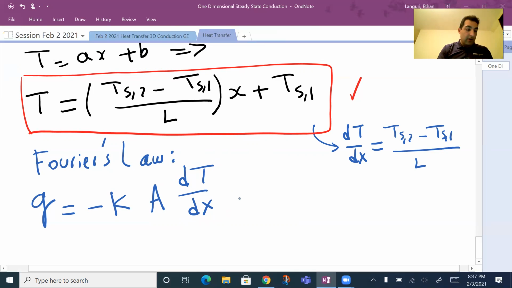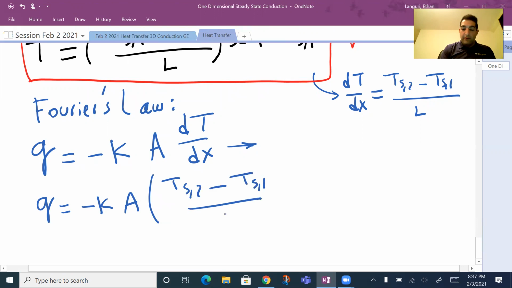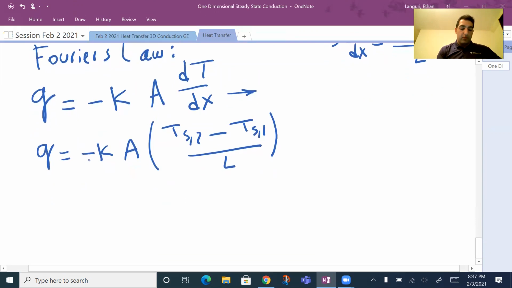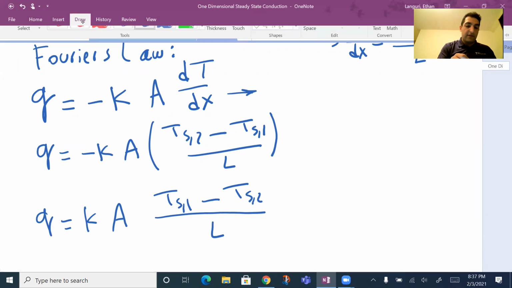So if I use that, I can show that, let's use the same color, Q is equal to minus K A. Instead of dT over dx, I'm going to use TS2 minus TS1 divided by L. Or in order to not show a negative sign, we can also say Q is K A times TS1 minus TS2 divided by L. Kind of switch the locations of these two.